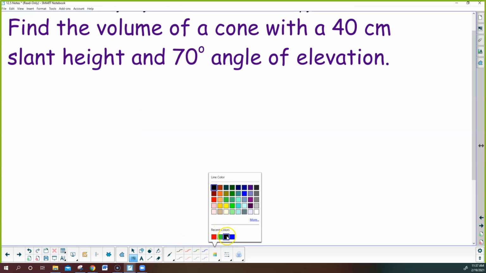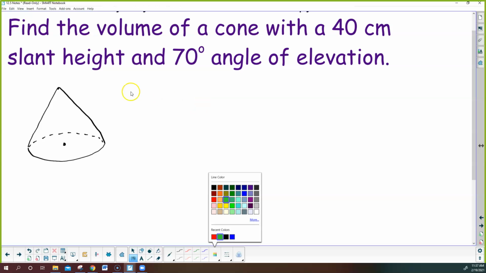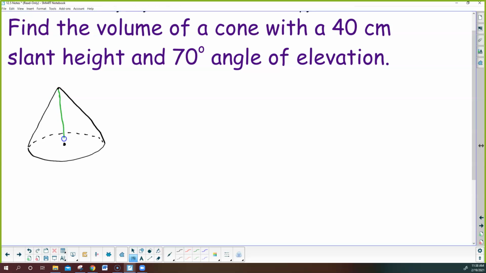So let's draw our picture together, and then we'll just add this information into the picture. Make a cone, and we're going to make it a little bigger than usual, just so we have enough room to add all the information that we need in there. Actually, I'm going to use a solid line on this one.